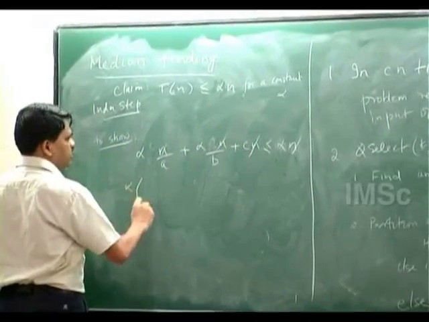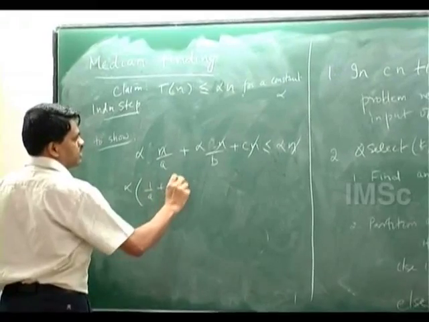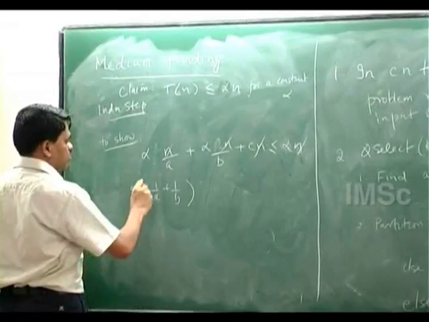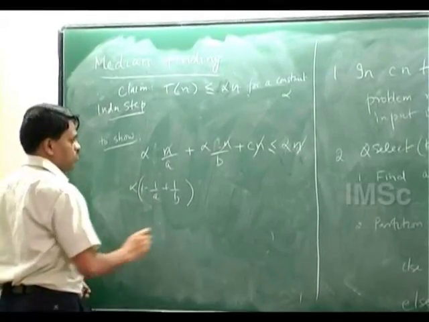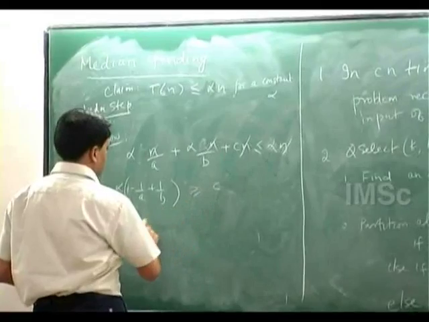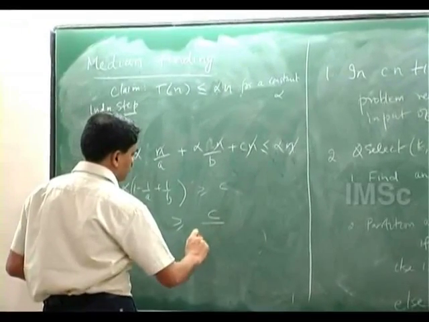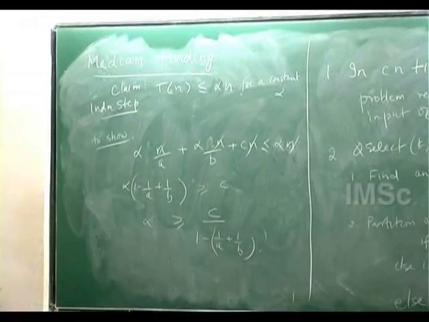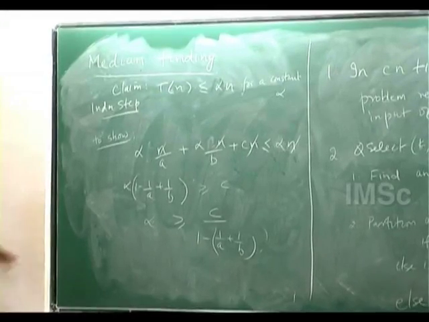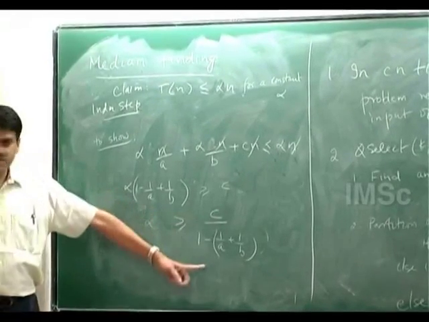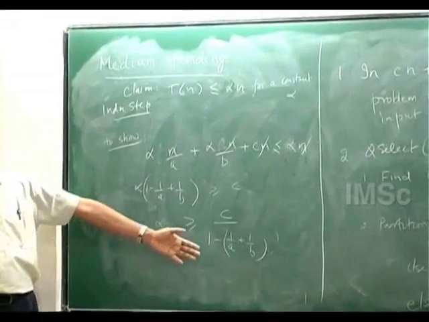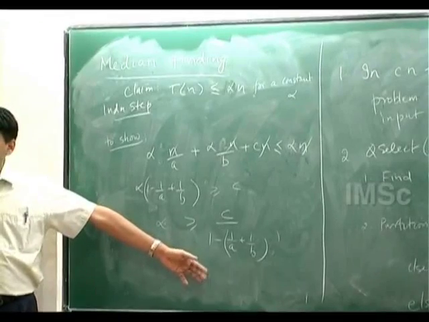So I want alpha into 1 by a plus 1 by b, or rather, I choose alpha to be greater than or equal to this, where C is whatever time I spend on this step. If I choose alpha to be greater than or equal to this, then that will satisfy this inequality. That's all I need to show. And you can see why I want 1 by a plus 1 by b to be strictly less than 1.